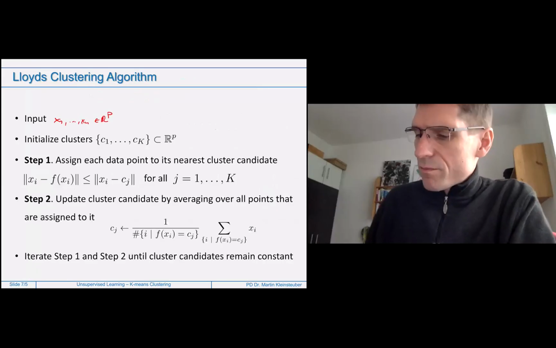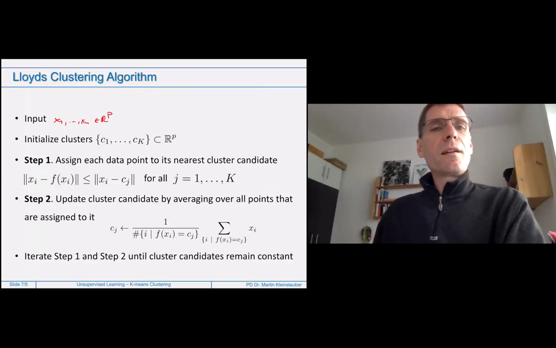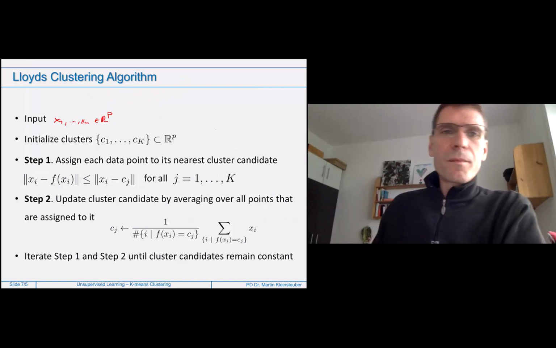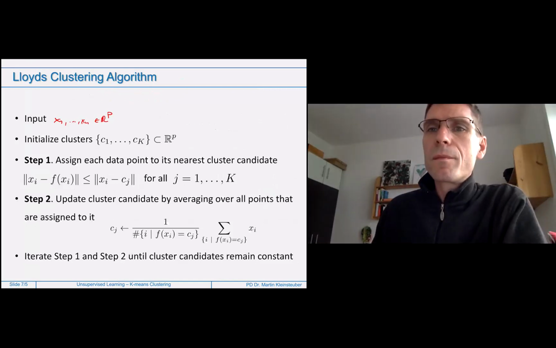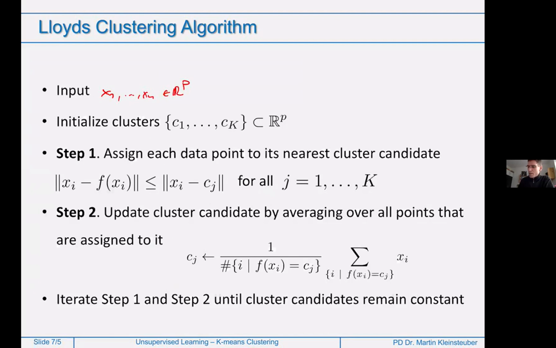We initialize with some clusters, C1 to CK. That could, in theory, be anything, but typically you try to make a good guess out of the data that you already have. And then you iterate 2 steps, which are, from an idea, rather intuitive.